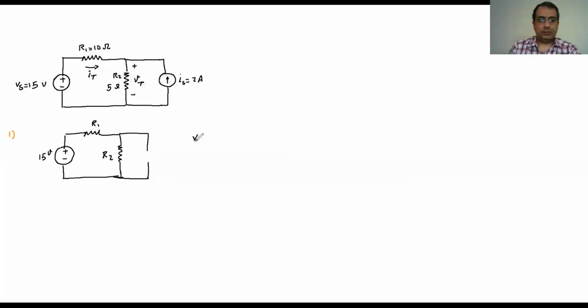If I use the voltage divider method, it says that V2, the voltage at this one, is going to be proportional to these.